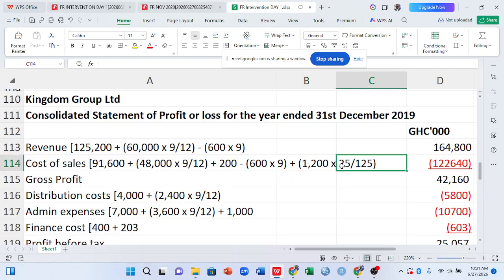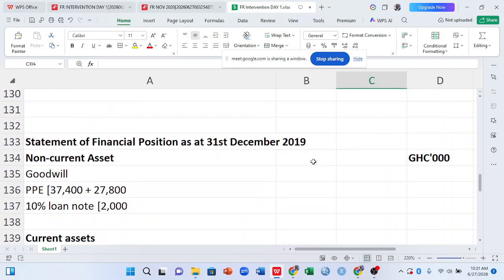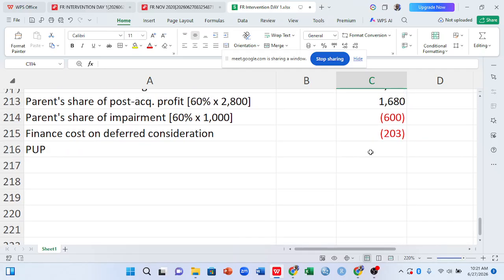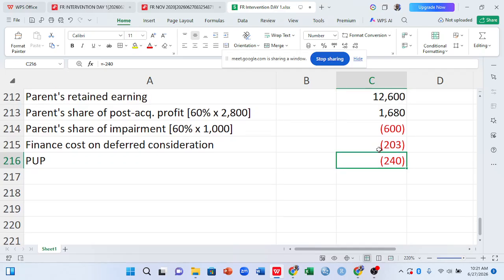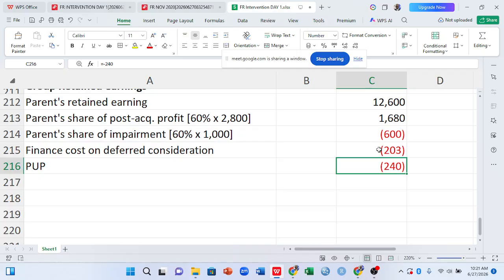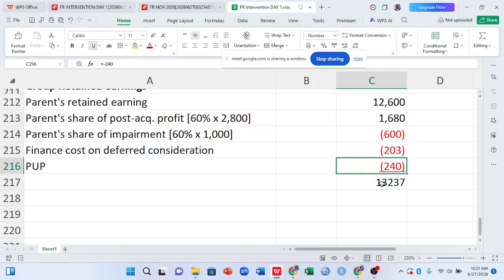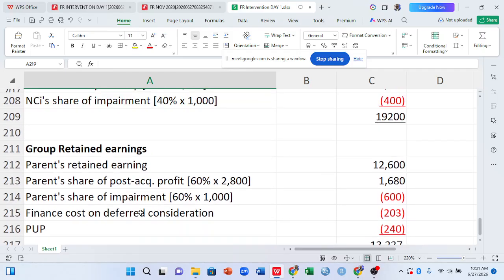It was 1,200 multiplied by 25, and that's 240. So bring that there, 240. I think that was all. Then we sum them together. Okay, so we are done with the group retained earnings.